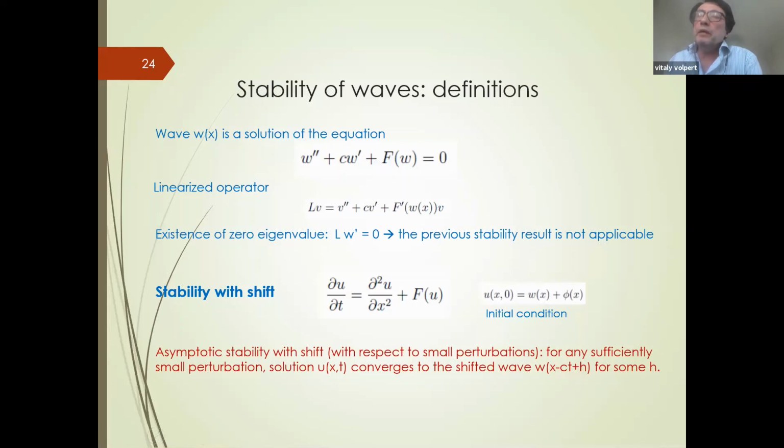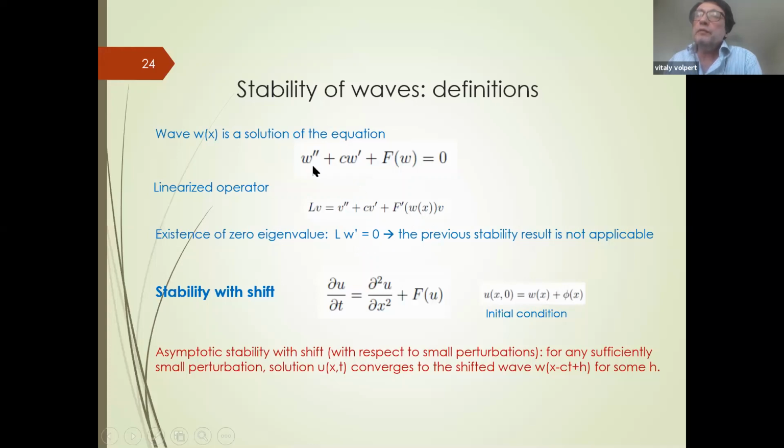And why does such stability with shift appear here? Because, in fact, this linearized operator L, the linearization of this equation, can easily be verified to have a zero eigenvalue.